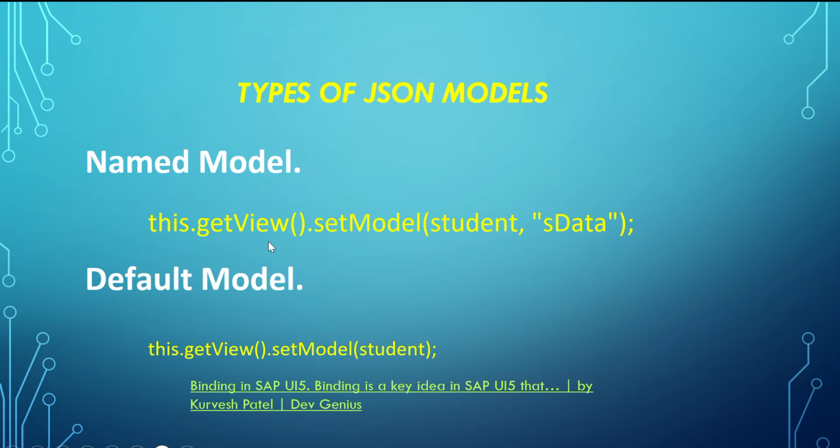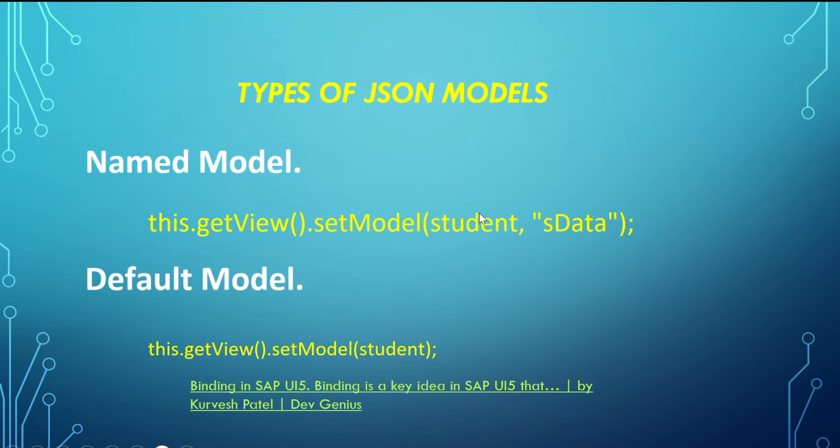If you use this.getView, it means that for whatever view we have, we are setting the model for that view. If you use sap.ui.getCore instead, that model will be supported throughout the application. In that scenario, we have to load the model in our manifest.json file. But in this case, we are setting the model to this view only.